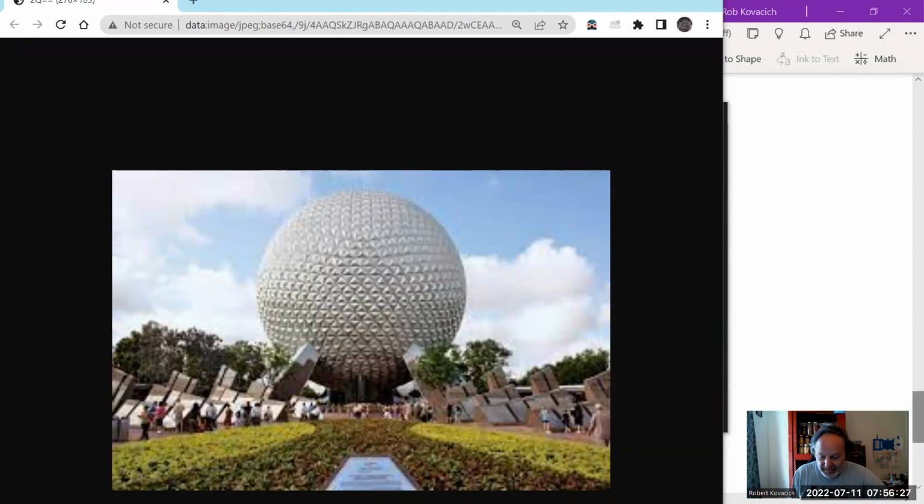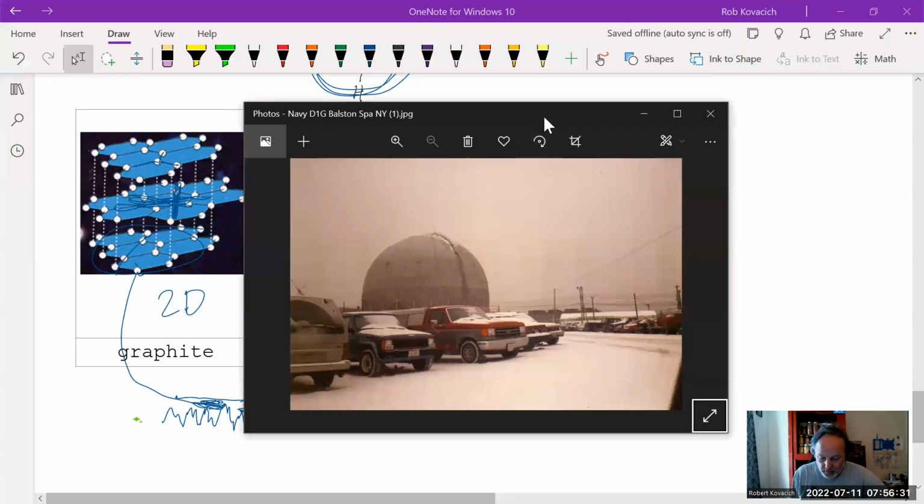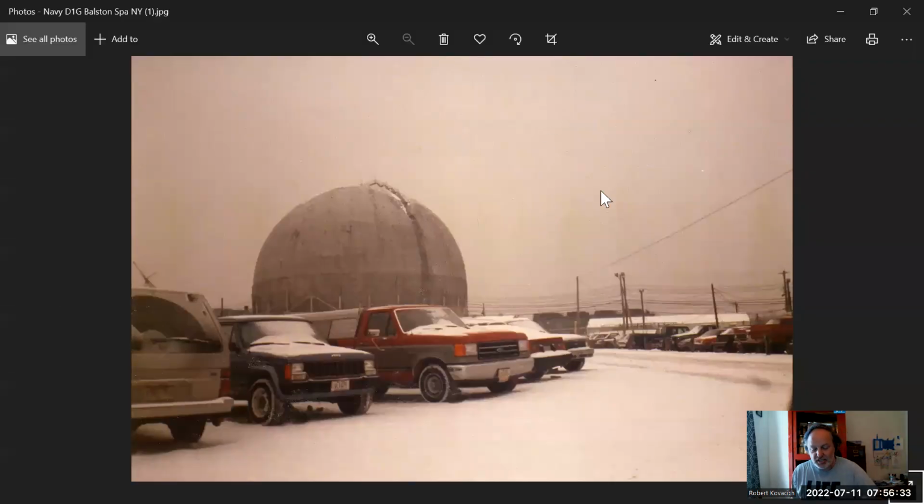I've been in one of these before. Well, I've been in Epcot Center, but I've also been in this one here, which is called D1G. It's a naval nuclear facility in Ballston Spa, New York. And inside of there is the back quarter of a ship that was designed to be a testing facility for a nuclear power plant.